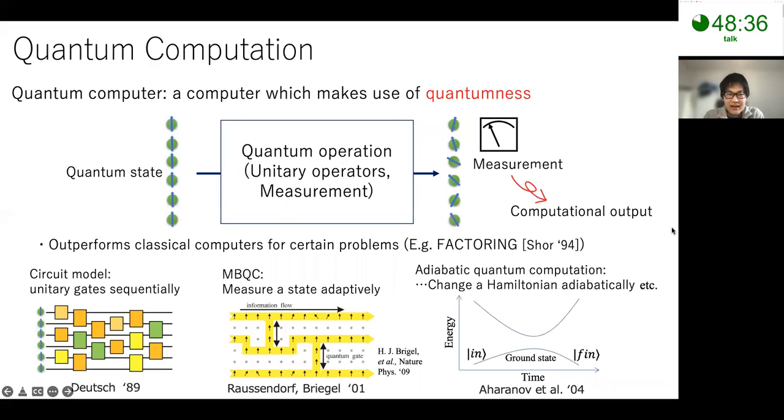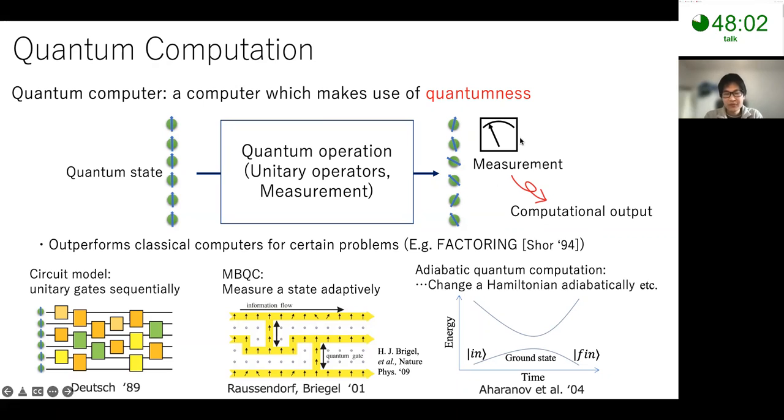So first, my talk is about quantum computation. So I'd like to briefly introduce quantum computation for those who are not familiar with it. A quantum computer is a computer which makes use of quantumness, such as superposition of quantum states.